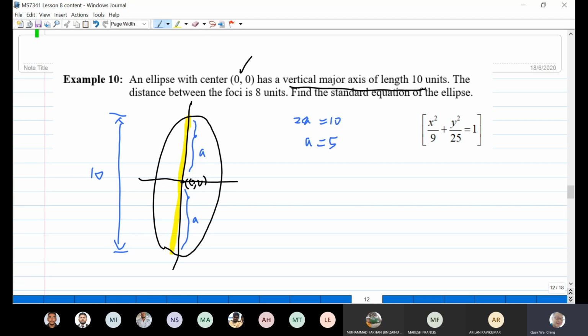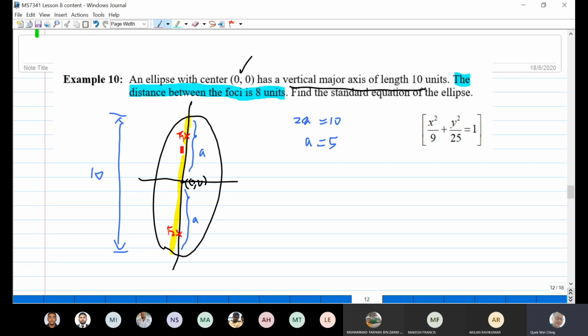Now we have some extra information. What is the distance between the foci? The distance between the foci is 8. The foci are always on the major axis, and the major axis is vertical, so there are two foci here, F1 and F2.